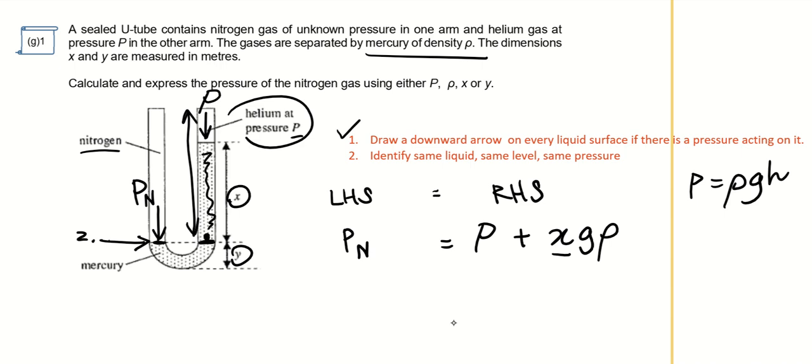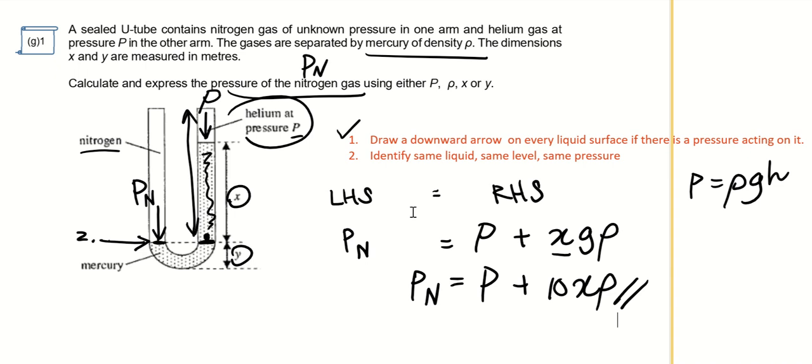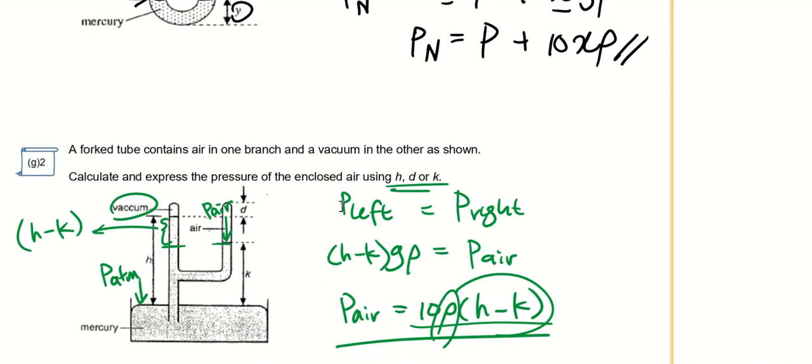If they want us to calculate and express the pressure of the nitrogen gas, Pn, I can put Pn equals P due to helium, plus, substituting g as 10, 10 X rho, and this is the solution. So it's very important to apply these two points.